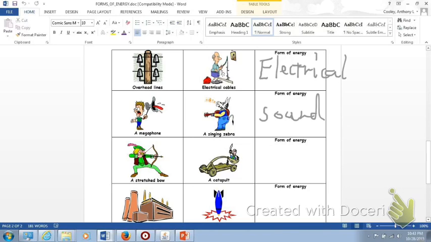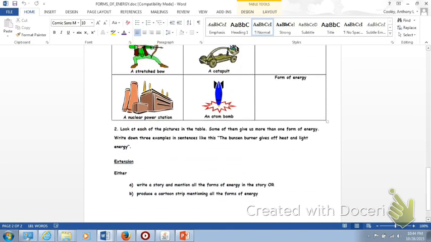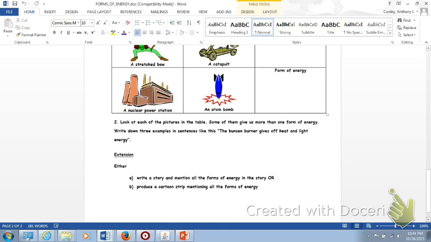What's going on in this picture? Along the lines of elastic, right? And elastic what? I hope you are thinking elastic potential energy. Okay. Move down a little bit further. The last two we have a nuclear power plant and an atom bomb. Of course, I was assuming that would be nuclear energy.